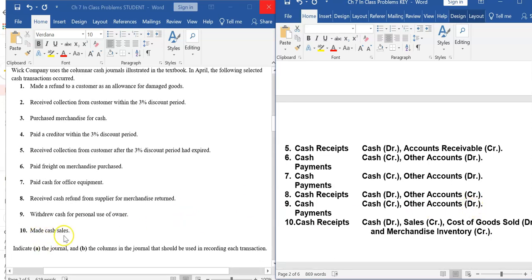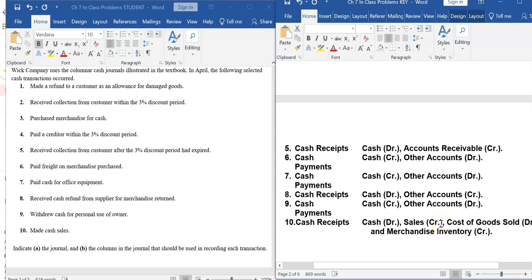Finally, we made cash sales. It was cash sales, which means we received cash. We will use the cash receipts journal. We will debit cash for the amount of the cash receipt. We sold inventory, so we need to record the credit into the sales column.